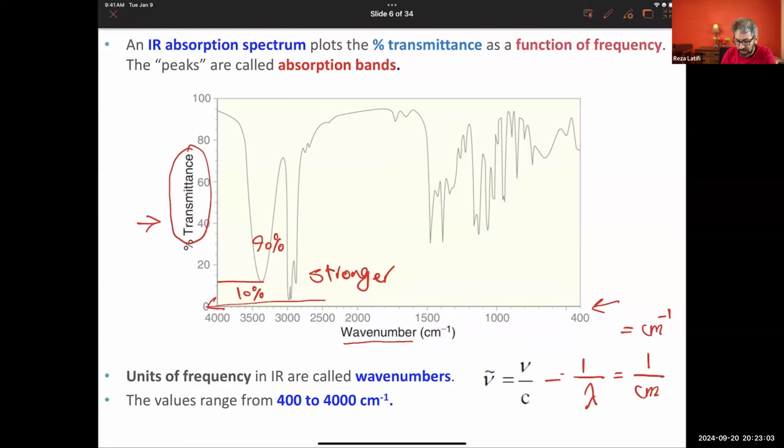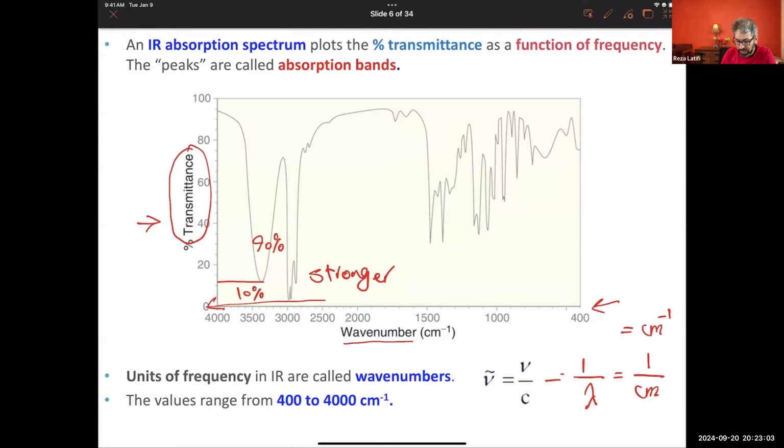A couple of specs that you need to know or be careful about whenever you are using IR. First, we have a formula, and the formula says wave number is equal to 1 over 2 pi c multiplied by the square root of k, or f, divided by reduced mass.